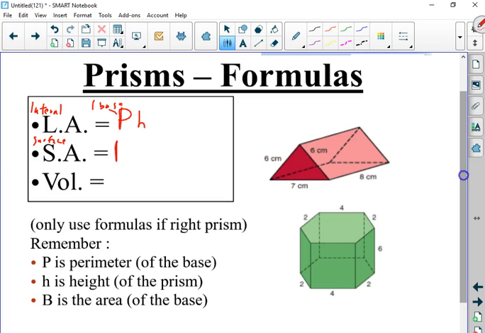So surface area starts off with the lateral area plus the area of the two bases. And down here you see B is the area of the base. And volume is the area of the base times the height. And remember, we only use this for right prisms. Must be straight up and down if they're standing on the base.